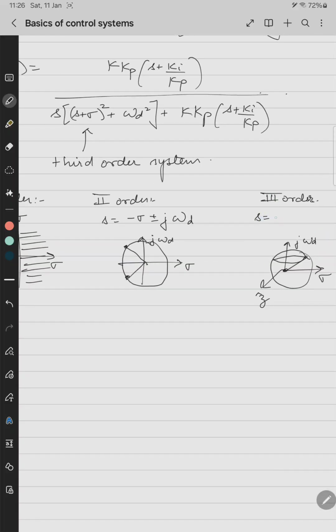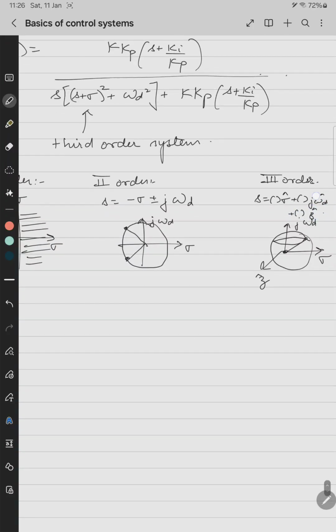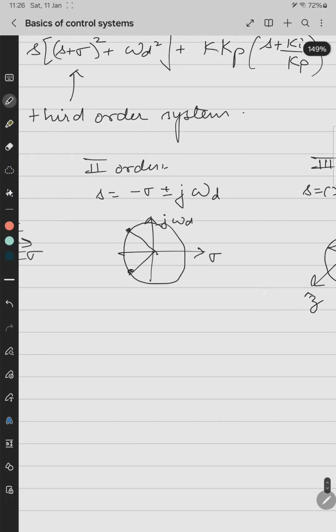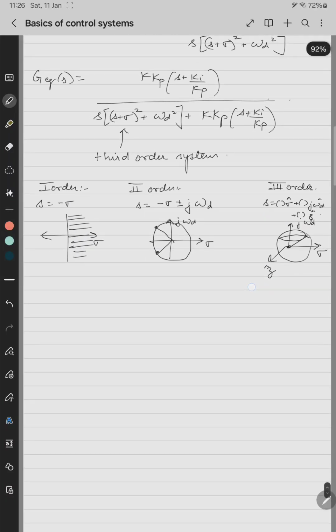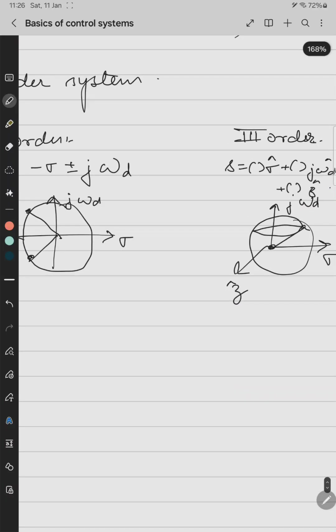So S will be some number into the sigma hat axis plus some number into the J omega D axis plus some number into the Z hat axis. Just like in a complex notation, I'm writing in 3D because it is not possible to write in 2D. So understand, it will be a 3D plot like this.